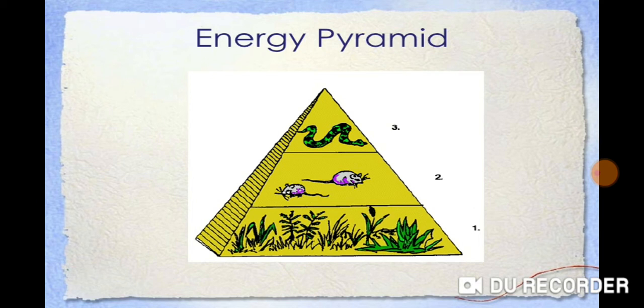From the bottom, for example, there are 10 kinds of producers or plants in one category, then eaten by 2 mice, then those mice are eaten by one snake, from 10 to 2 to 1. So the number of individuals is reduced from many to singular. This is what I call a pyramid of numbers.